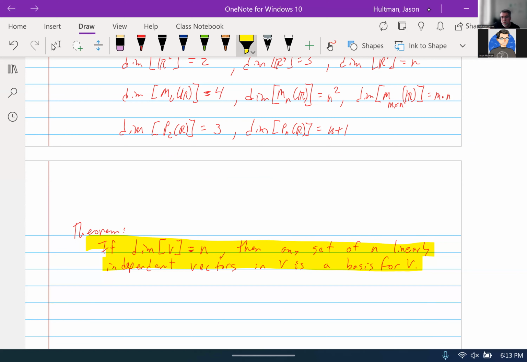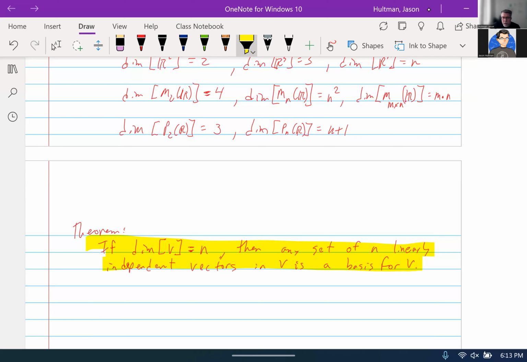That's why we're interested in linearly independent. Because if they're not linearly independent, then they're not going to form a basis, because that's the definition of basis. But they don't have to be special ones. This tells me that there are a ton of bases out there for any vector space.